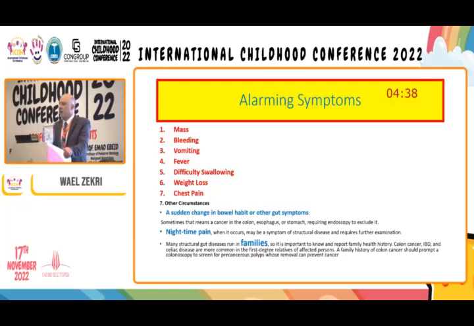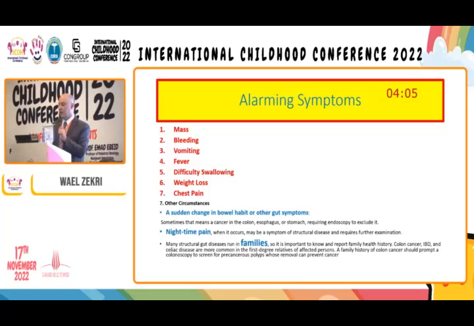Chest pain in the upper abdomen with abdominal distension might alert us that we are dealing with a cardiac problem and cardiac ischemia. Other circumstances are sudden change in the bowel habit or the gut symptoms. The patient is always constipated and is having a severe diarrhea, and of course it's chronic diarrhea.